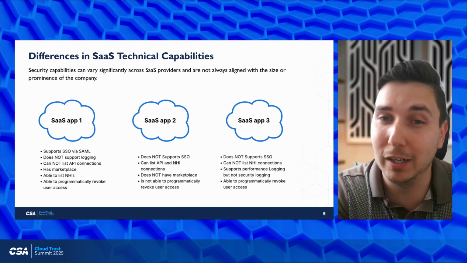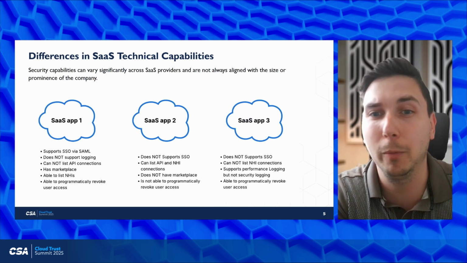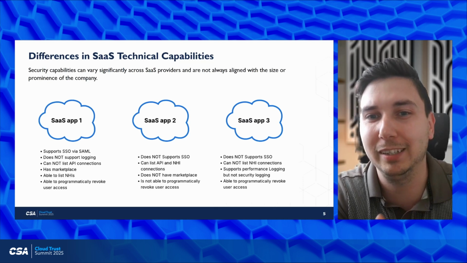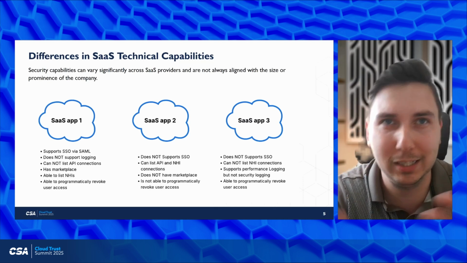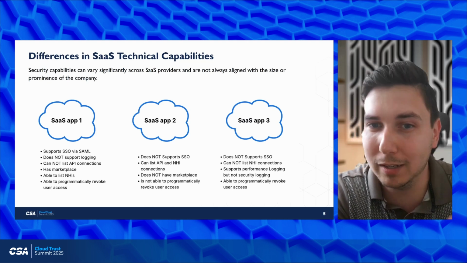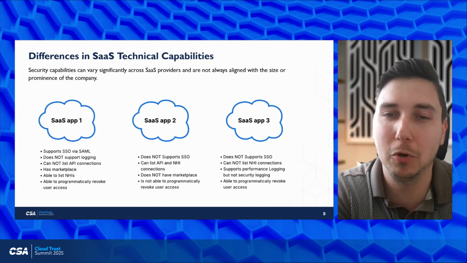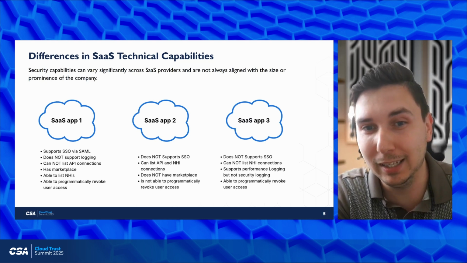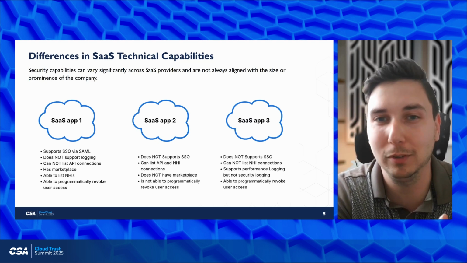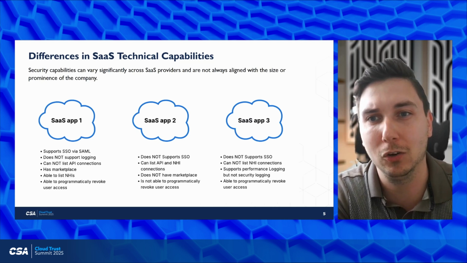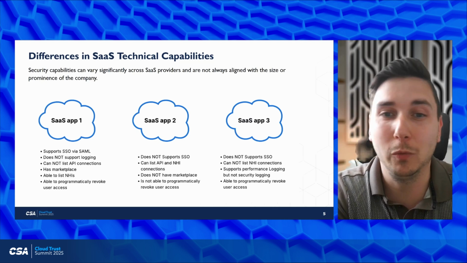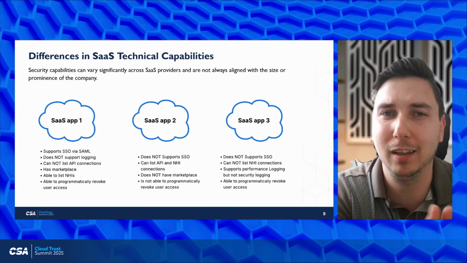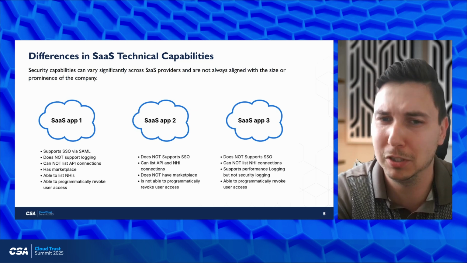Let me demonstrate this on a problem and show you the differences in a hypothetical case where we have 2 or 3 SaaS applications. One application may support single sign-on via SAML, but it does not support any logging and is not able to list any API connections. So we may be happy about the SAML support in this specific app, but the lack of logging may be concerning to us.